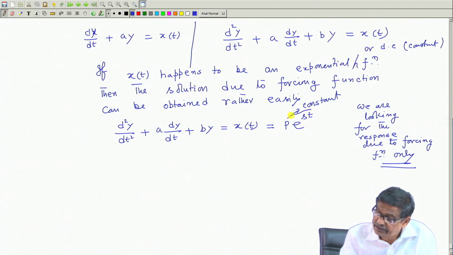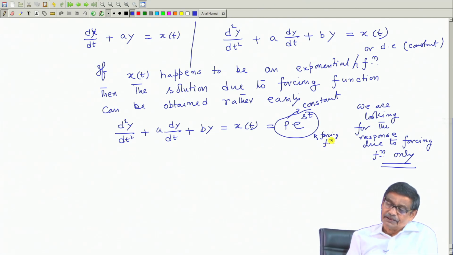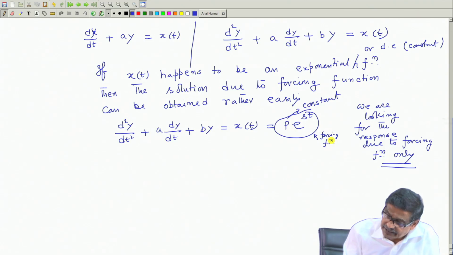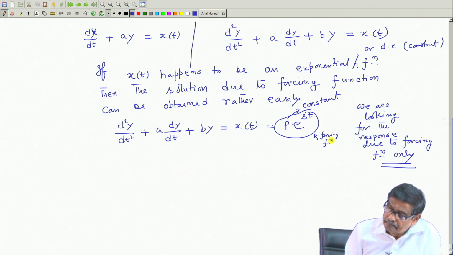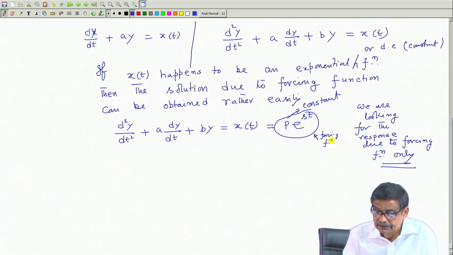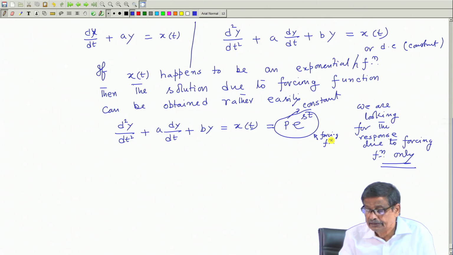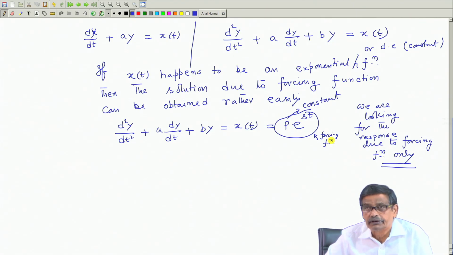So, this is your forcing function. Now, you see, look at the left hand side and the right hand side, and forcing function alone will satisfy the differential equation, and I am looking for the solution.